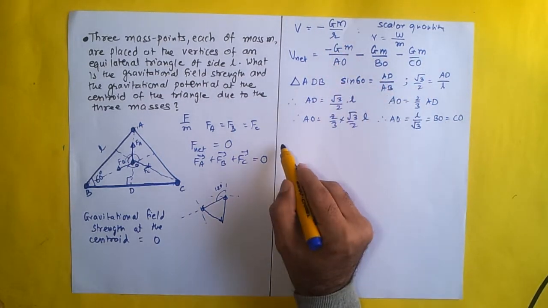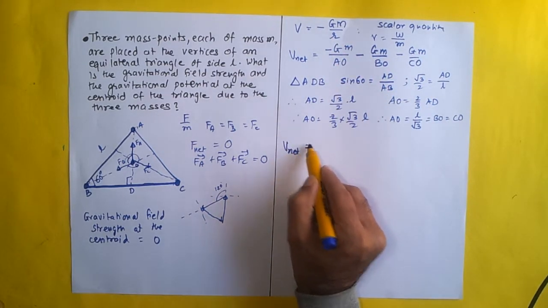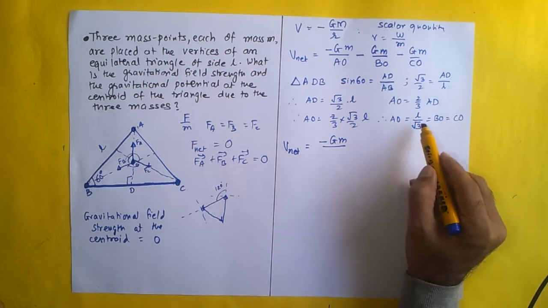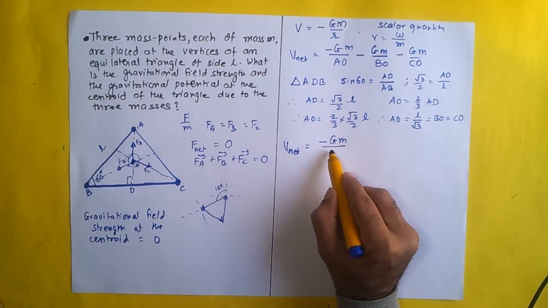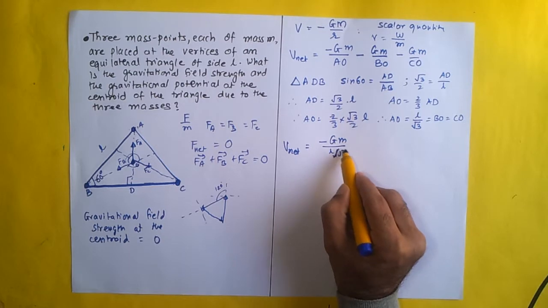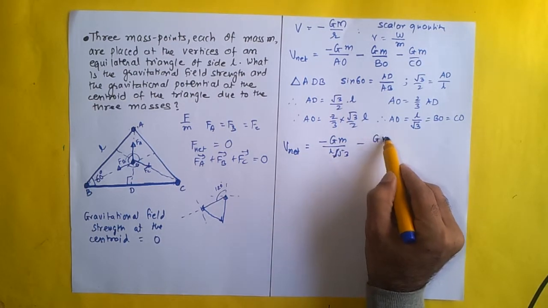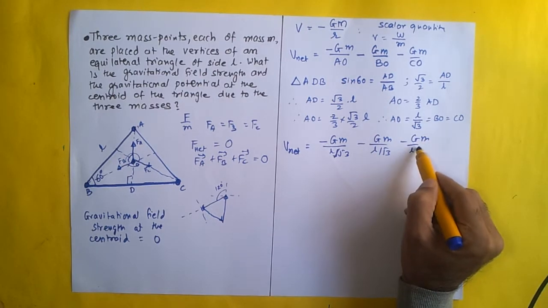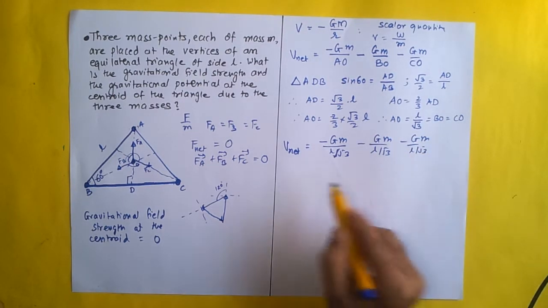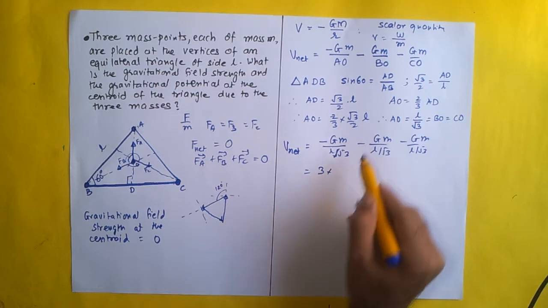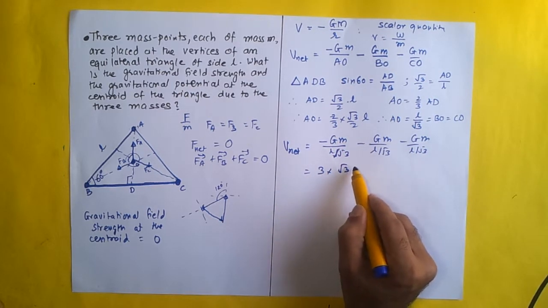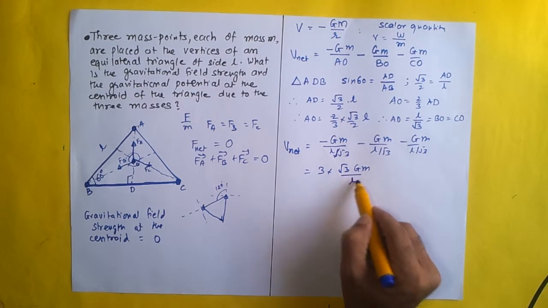So if I go back over here, V net will be equal to minus Gm upon AO, which is L by root 3, minus Gm upon L by root 3, minus Gm upon L by root 3. So this will give me 3 times root 3 Gm by L, with a negative sign.